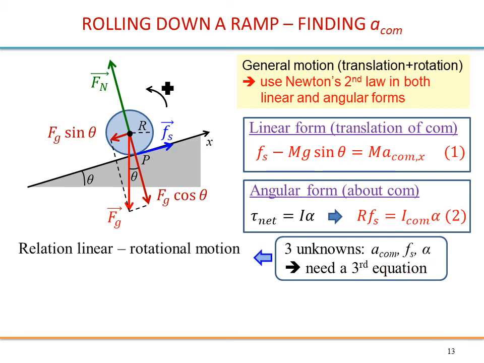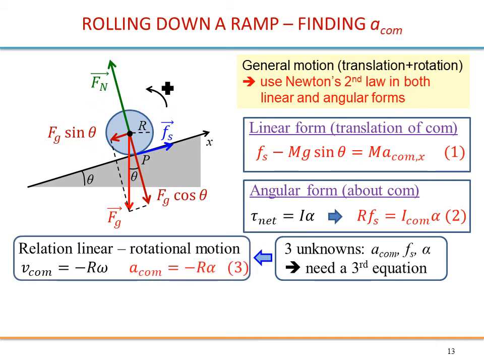We can get that by relating linear and rotational motion. We know Vcom equal R omega in magnitude. Okay, R omega. And we have a minus here because it produces a rotation in this direction. And omega is also in this direction, and omega is positive because we have chosen this as a positive direction.